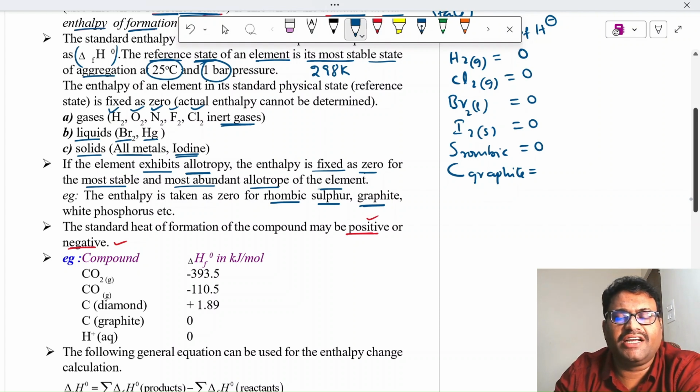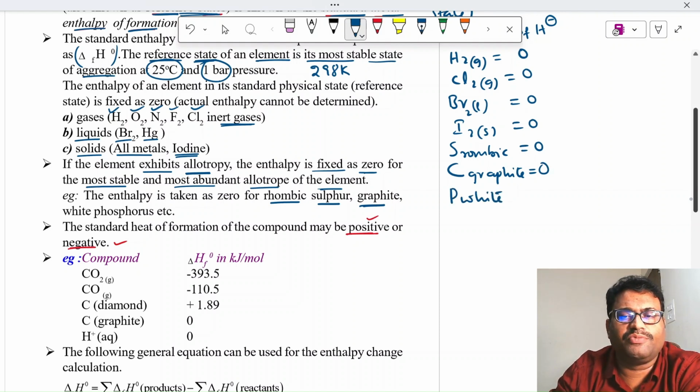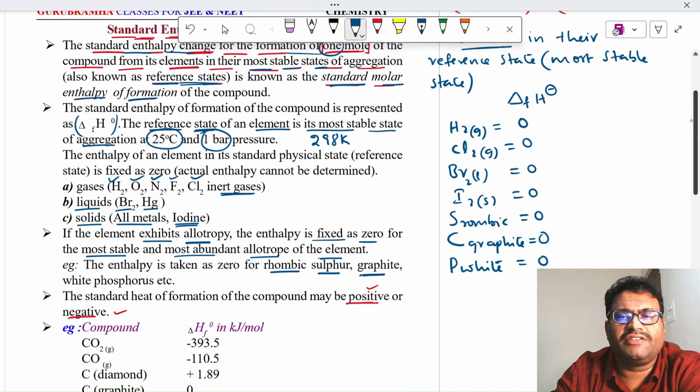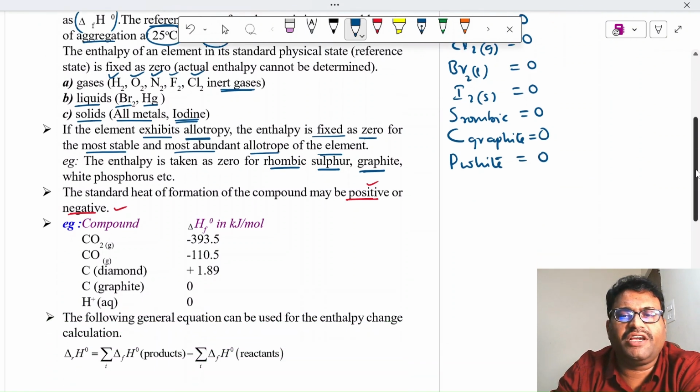For that, enthalpy of formation is considered to be 0. In the same way, white phosphorus is the most stable state, that is taken as 0. Understood? So this is applicable only for elements. Their reference states are most stable states. For that, standard enthalpy of formation is considered to be 0.